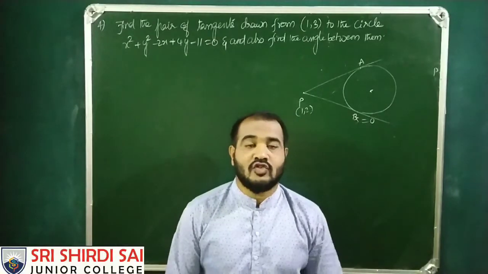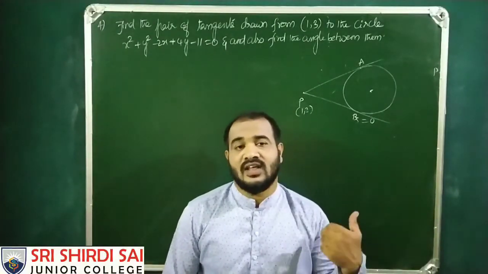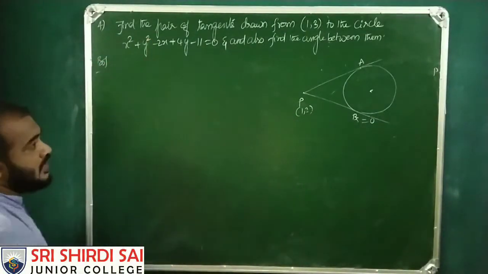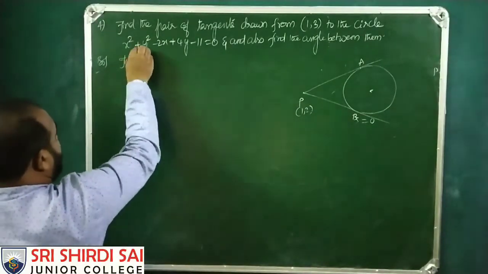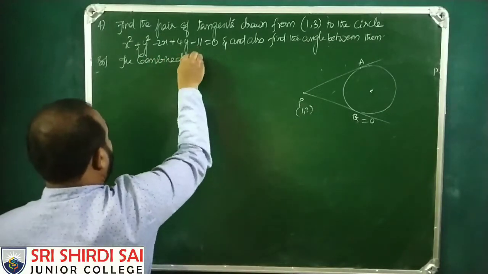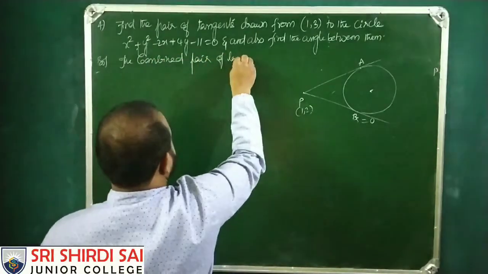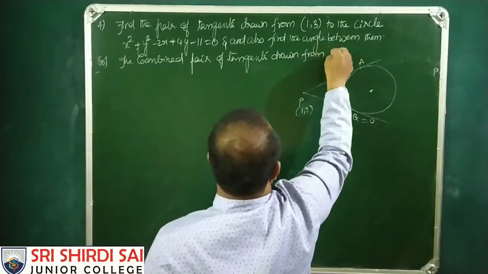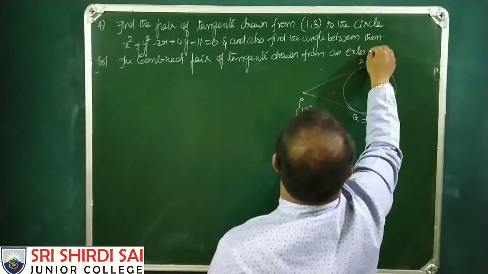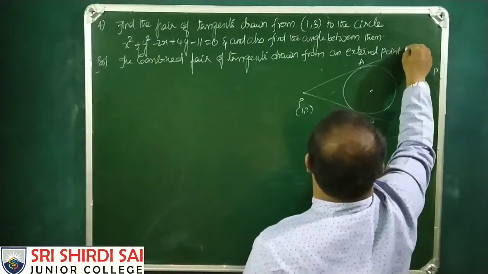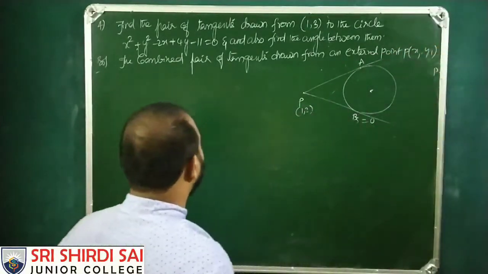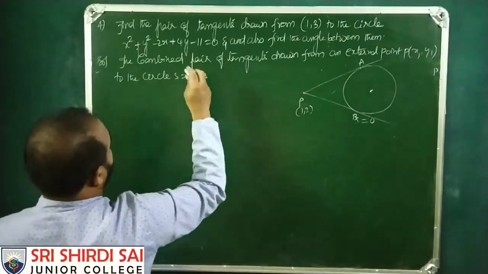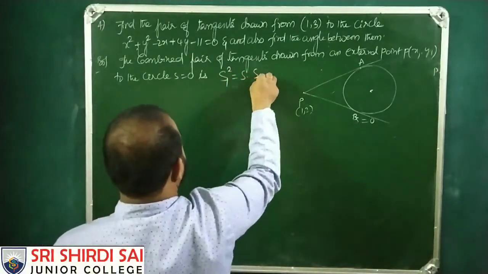The combined pair of tangents drawn from the external point P(x1, y1) to the circle S equals to 0 is S1 square equals to S into S11.